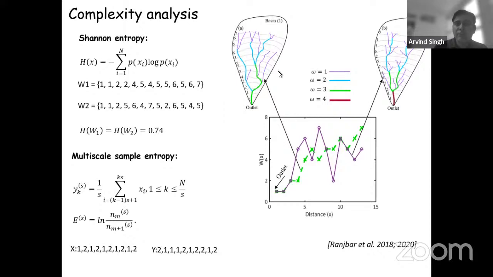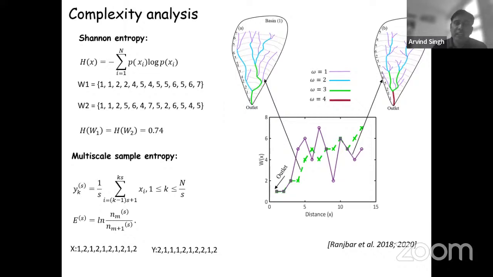For example, if I look at these two different networks, which have the same drainage density, they have very different channel network patterns. And when we compute the width function, it shows the same distribution, but has a very different pattern of how many channels we are intersecting at a given distance.